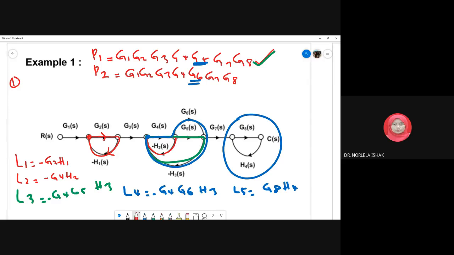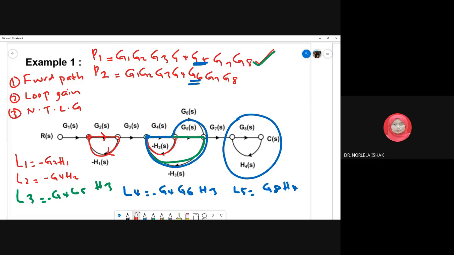First step, we already defined the forward parts. Okay, the second step, we already defined the loop gain. Okay, the third one, you have to define non-touching loop gain.